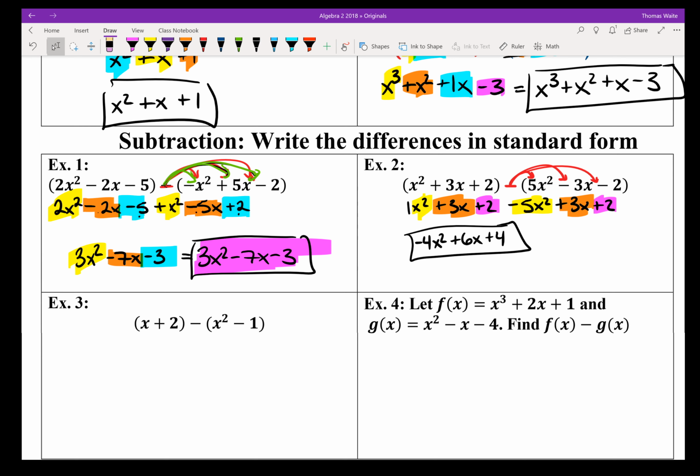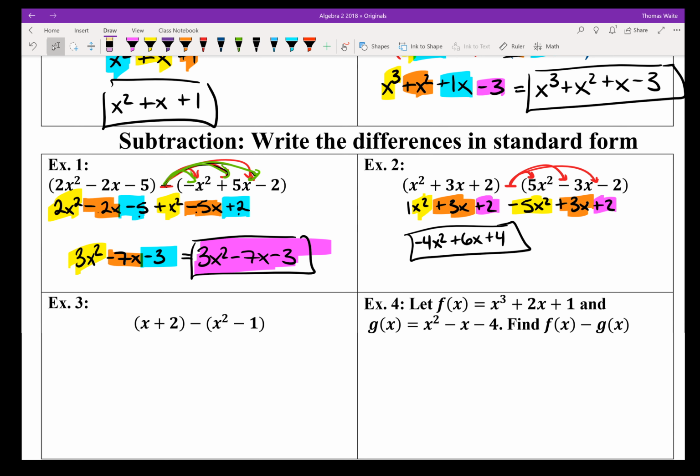And then in blue, our constants 2 and 1 make 3. So write this separately. Negative x squared plus x plus 3. Great.